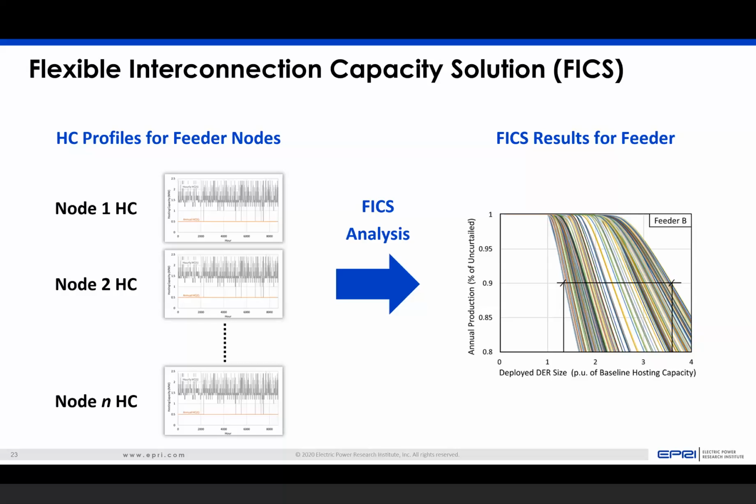Our focus, because there are so many data points here, was on what we called FICS 90, and I'll describe that in the next slide. But basically, that is the range of flexibility across a feeder. In this case, this feeder has quite a bit of range of flexibility from basically around 1.3 per unit, at least at 90%, at 10% curtailment, to around 3.5.